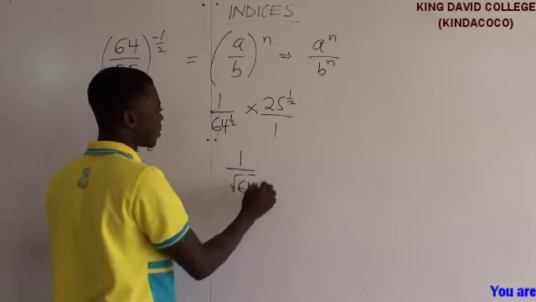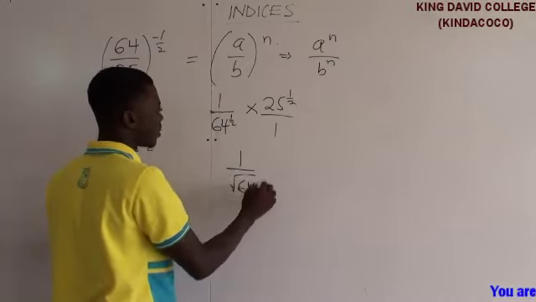The square root of 25 is 5, and the square root of 64 is 8. So your answer becomes 5 over 8. These ones are very simple. Even by punching it on your calculator, you can get your answer. Now, let's look at a question in this case.